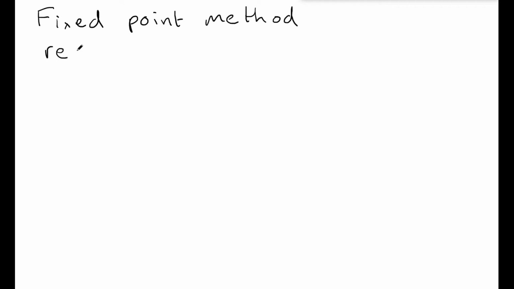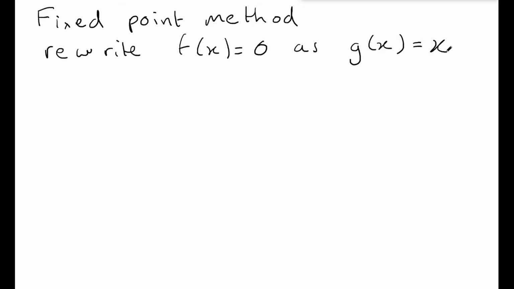Okay, so it doesn't hurt to write out our definitions again. So the fixed point method is where we rewrite f of x equals 0 as g of x equals x, and once we've got that, then we can iterate.